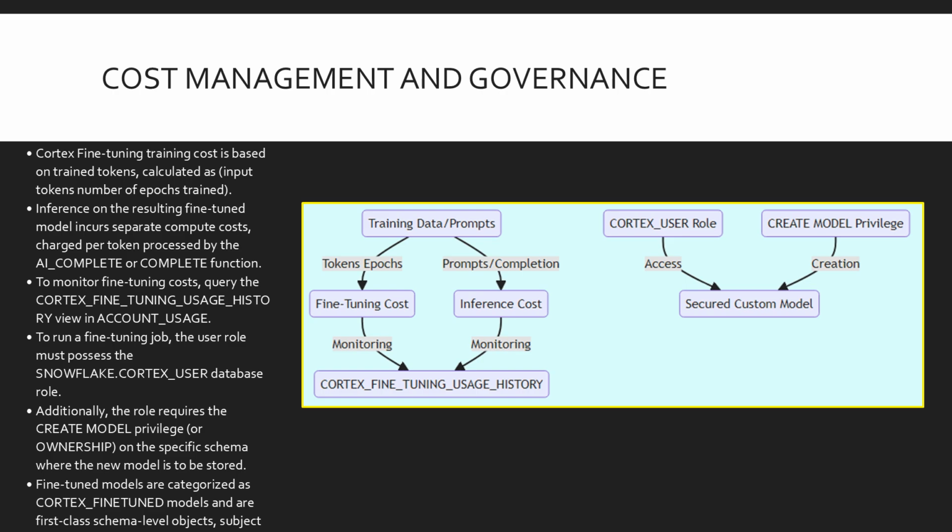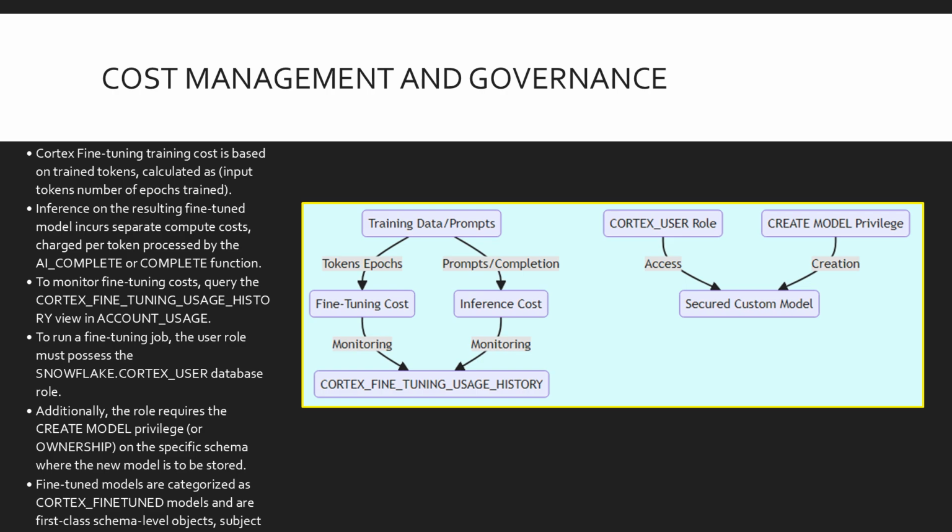Once successfully created and logged, fine-tuned models are categorized internally as Cortex_fine-tuned type objects, ensuring they are treated with the same high level of governance and security as other critical schema-level machine learning assets within the Snowflake platform.